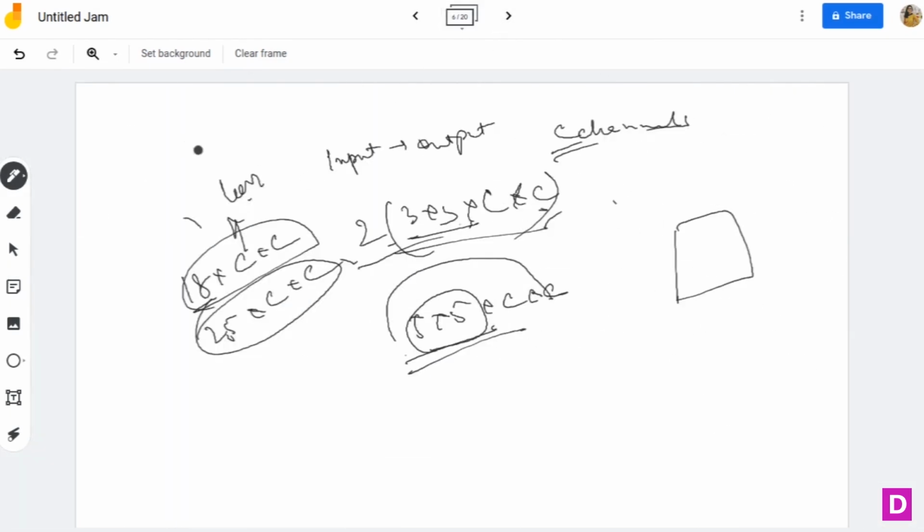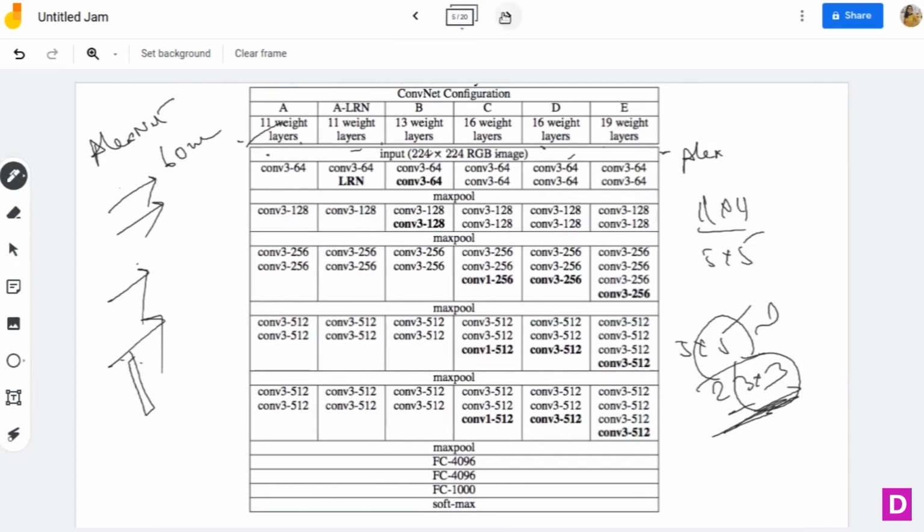If this is even 128, it becomes 128 cross 128. You realize how big the difference is. So through experimentation they found that one 5 cross 5 kernel can be replaced by 2 3 cross 3.